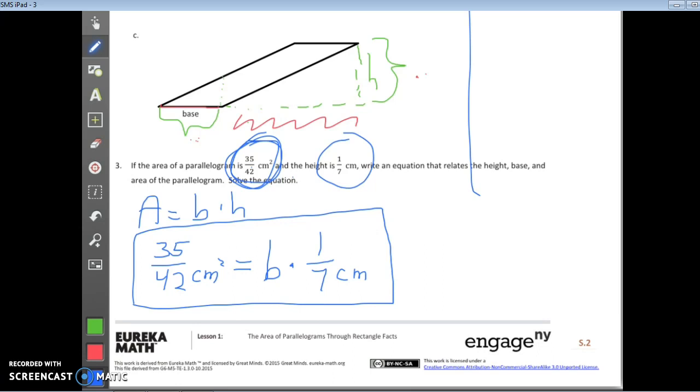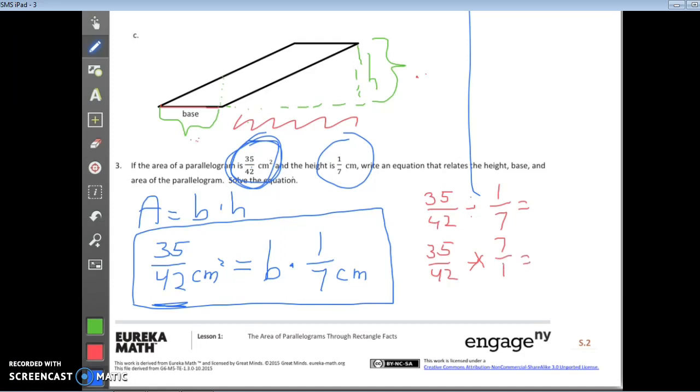So we know that we have our dividend now. So it's going to be 35/42 divided by 1/7. Okay? And we know, change flip, 35/42 times 7 firsts equals something.